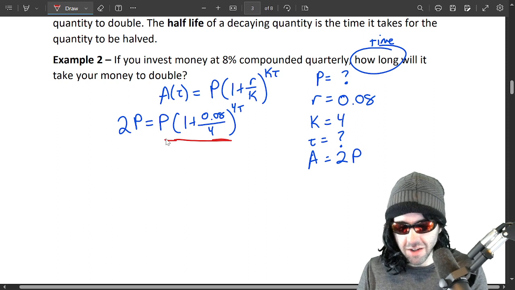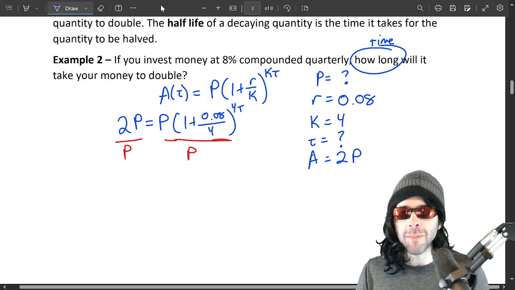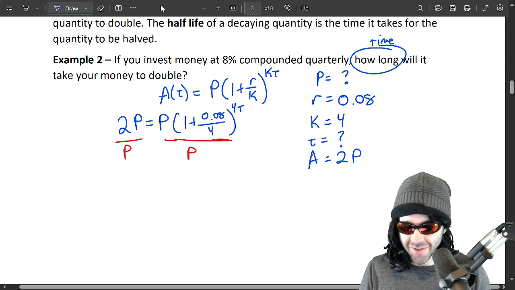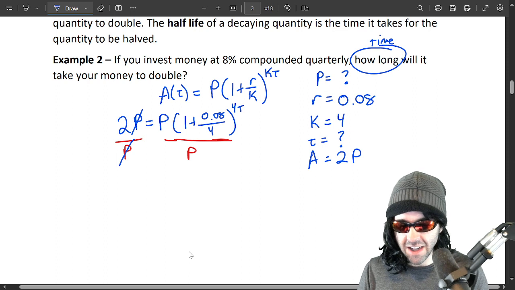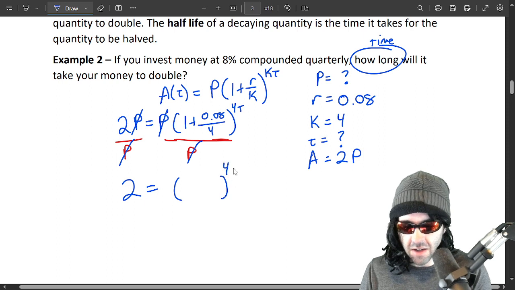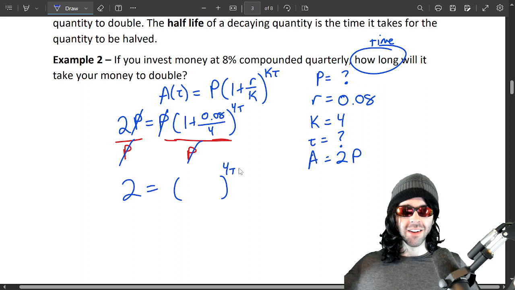So what are we going to do? We're going to divide both sides by P. And when we divide both sides by P, what happens? The P's cancel on that side. The P's cancel on that side. It's just 2 equal to this whole thing. Oh, P didn't matter.